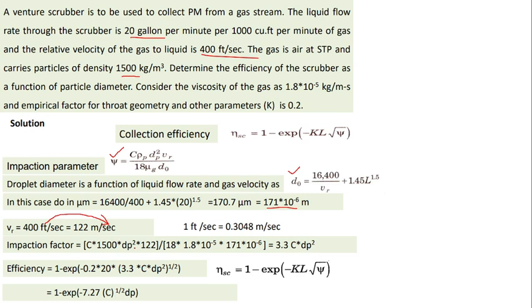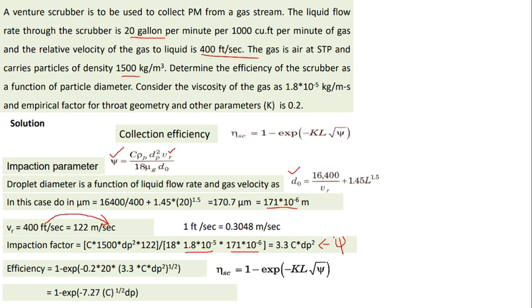So we keep dP as dP itself, into 122, which is the VR. So now VR is also substituted, whole divided by 18 mu G. Mu G is 1.8 × 10^-5, it is substituted. And D naught is just now calculated as 171 × 10^-6. So now we have obtained the psi value, right? Psi is equal to 3.3 C into dP square.